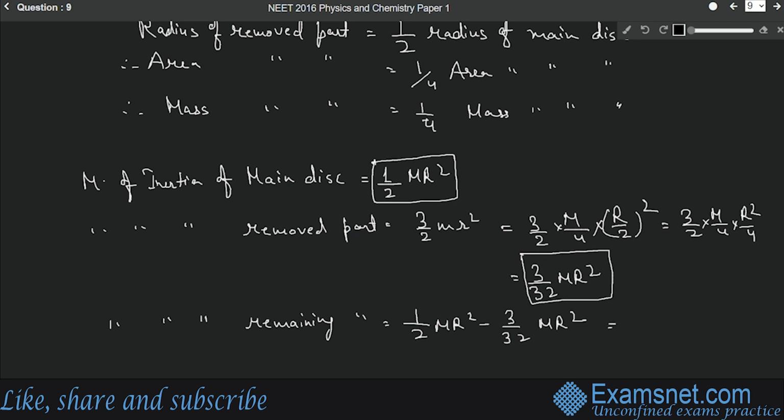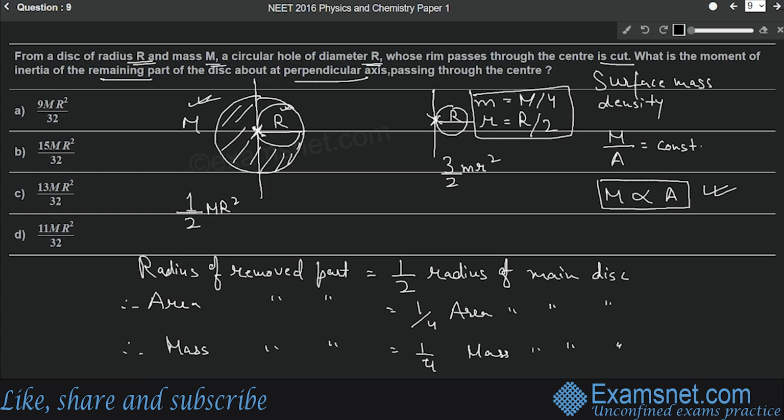On finding the difference, we get 13 by 32 MR square. So this is the moment of inertia of the remaining part of the disk about an axis which is perpendicular and passing through the center of this disk. The same axis has been used. So 13 by 32 MR square, that means option C will be the correct answer.